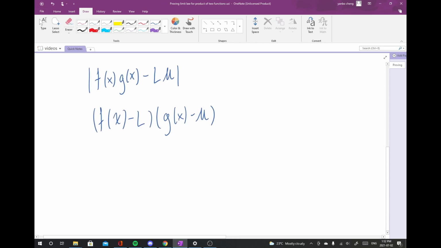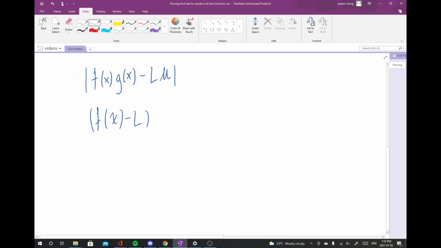So preferably we want something that looks like this. We want a constant or another value, preferably one that we know, so preferably something in L or m, followed by the function, another constant c1 times g of x minus m.